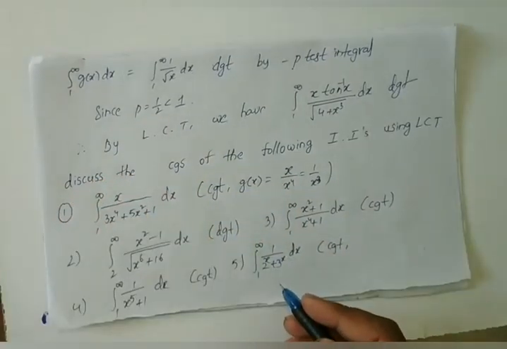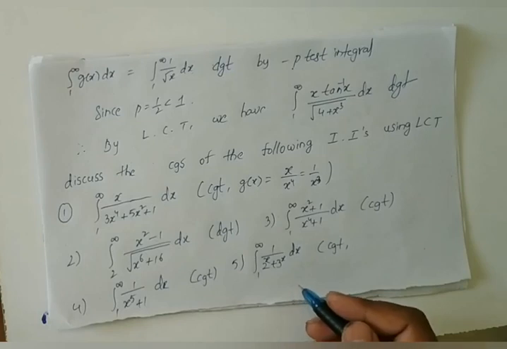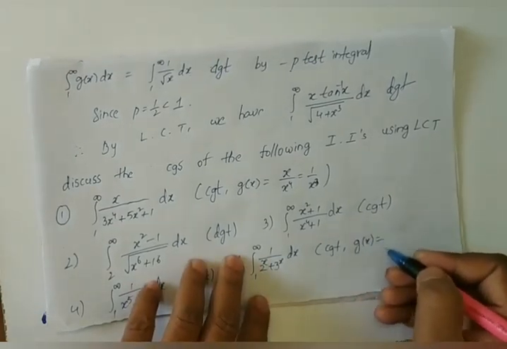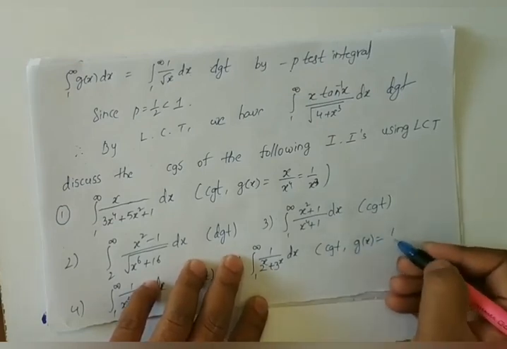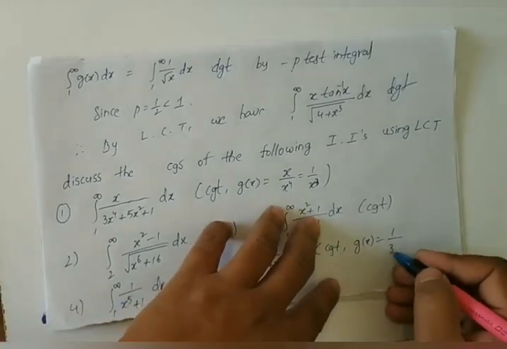In the fifth problem, how to choose the function g of x? Here we have to follow the same procedure. g of x is equal to 1 by, in denominator, what is the highest power? In denominator we have two functions, 2 power x and 3 power x. The highest is 3 power x.